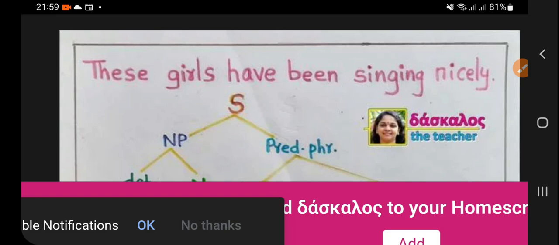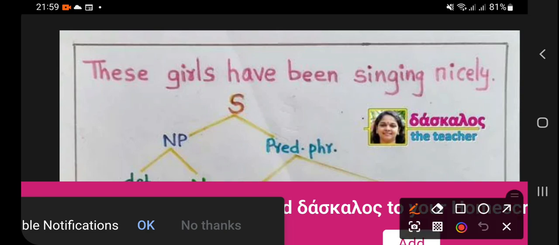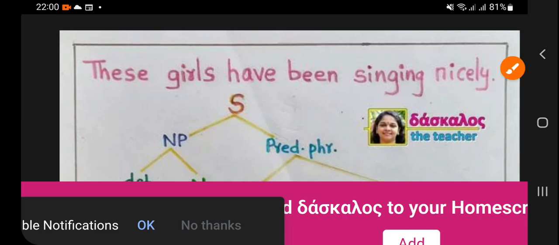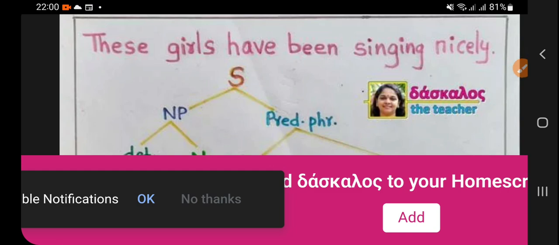Now the sentence: these girls have been singing nicely. One more thing, let me tell you that phrase means a group of words, but please take care, sometimes there is only a noun and no other modifiers, and then a single word is called a noun phrase.